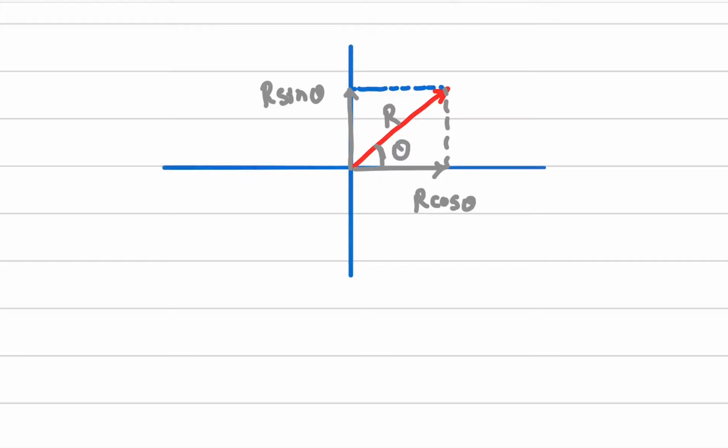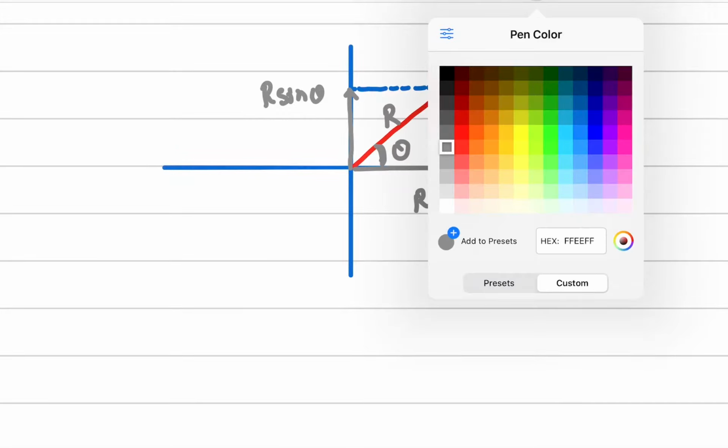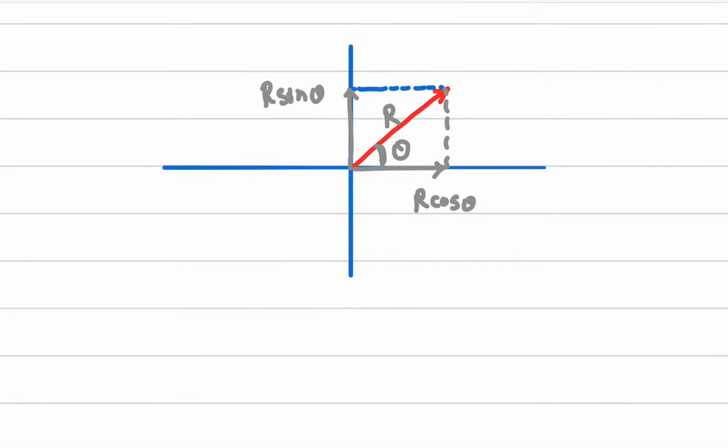Remember, now let's say this angle is given, and let's call this angle alpha, for example. If this angle is alpha, then this component will be r cosine alpha, and this component will be r sine alpha.